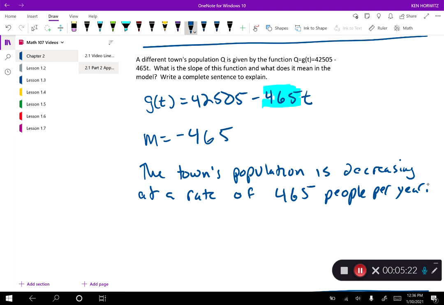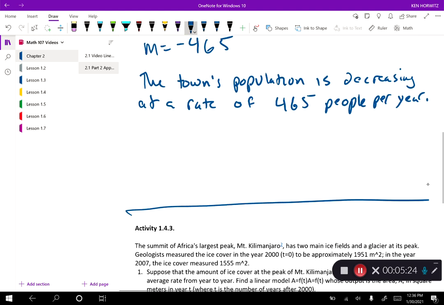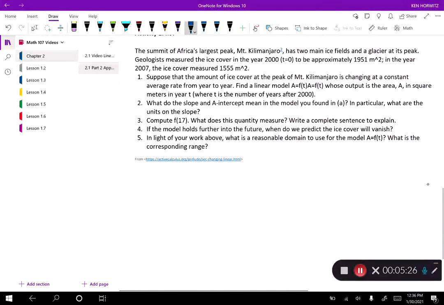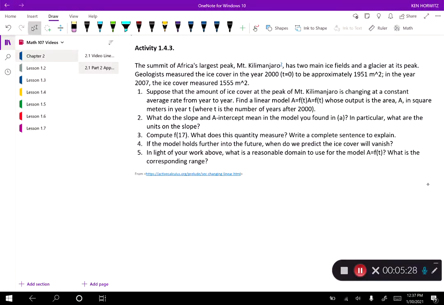All right. The last one's kind of a big one. All right. It's activity 1.4.3. And again, this is out of Active Prelude to Calculus. The summit of Africa's largest peak, Mount Kilimanjaro, has two main ice fields and a glacier at its peak. Geologists measured the ice cover in the year 2000 to be approximately 1,951 meters squared in the year 2007.